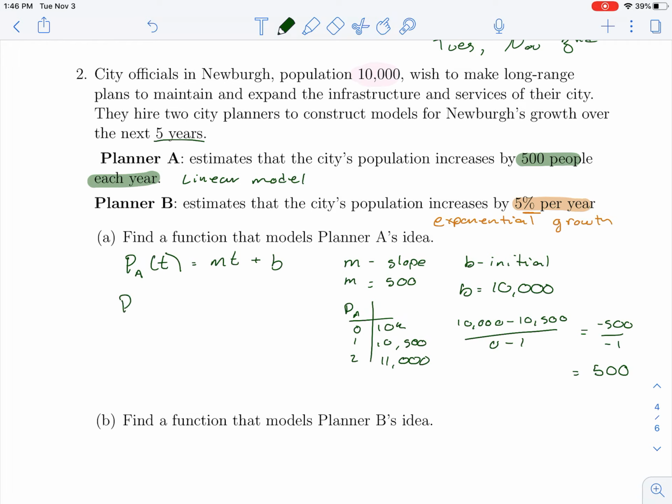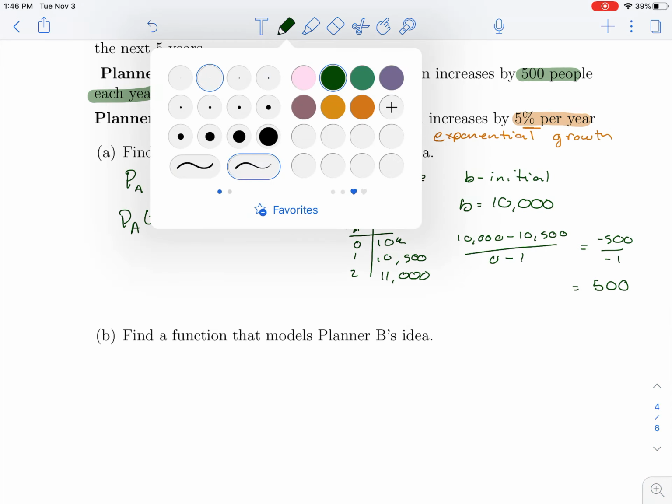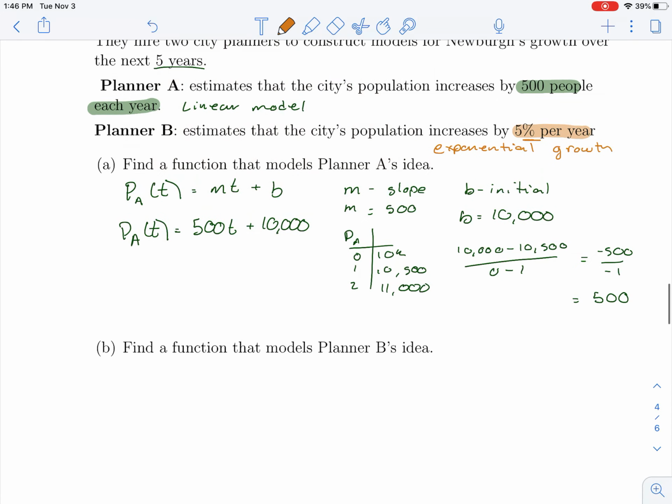So I can write that P sub A of t, the population from planner A, I can model it by 500t plus 10,000. Great. So now for B, planner B said that it's going to increase by 5% every year.